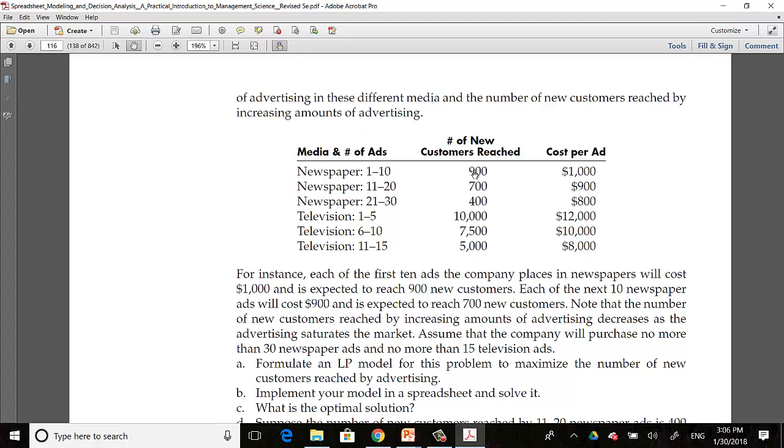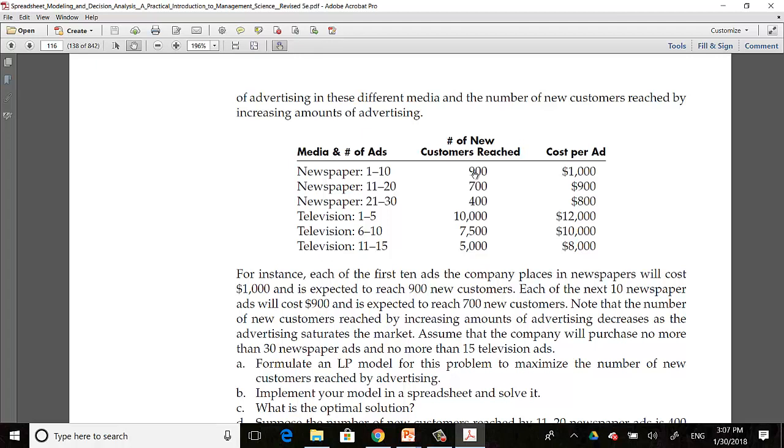So what does that mean? For every $1 that we spend in the N1 group, how many customers can we reach? So it would be 900 divided by 1,000, right? It's 0.9 customer per dollar. So that's 0.9 customer per dollar we're going to reach.